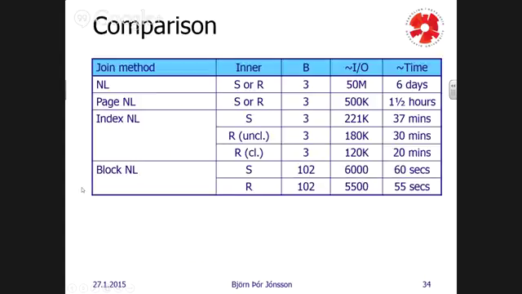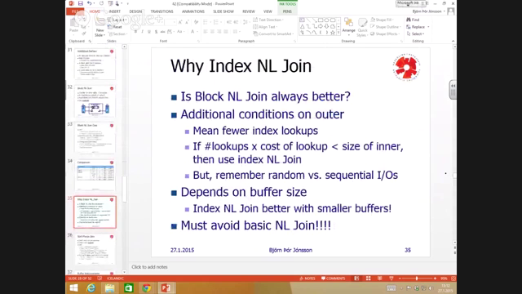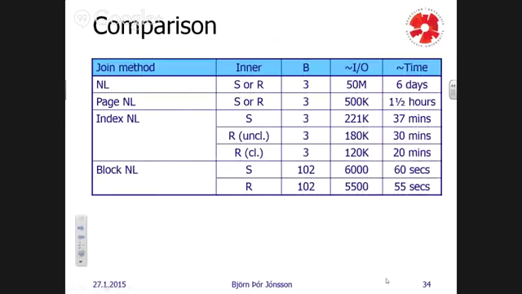So, going back to this table here, we observed that for the very simple join that we're doing, the block nested loops join is much faster, right? So the question that arises, why would we ever use these? Would we ever use a nested loops join and a page nested loops join?